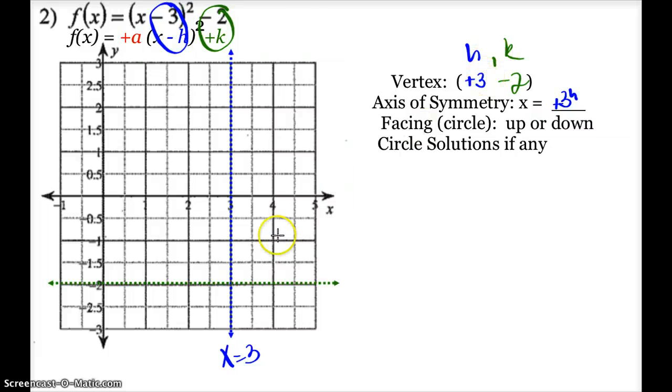Okay, color coordinating everything, so make sure they match. Y equals -2. So therefore I have 3 comma -2. That is my vertex, at least. According to the number in front, we have a positive number. It's not a negative, so it's got to be going up. I'm just going to estimate. I'm going to guess it's going to be something like that.